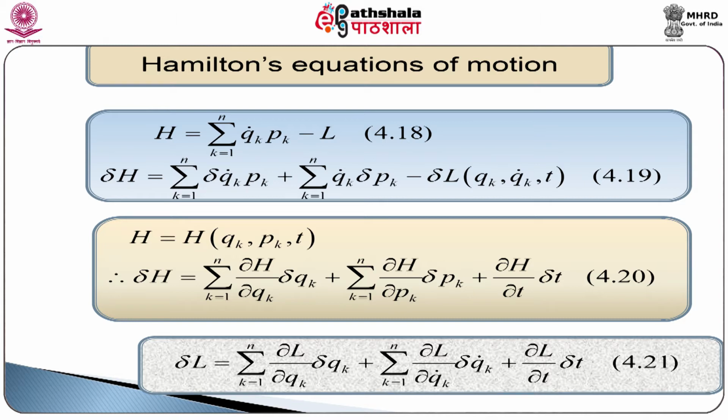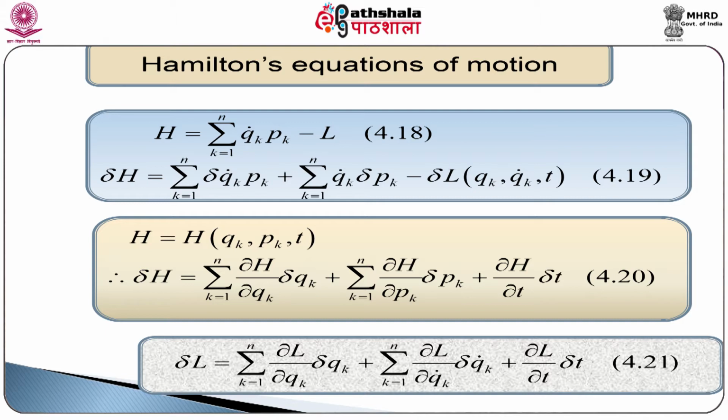Again, delta L is given by delta L equal to summation k equal to 1 to n del L del qk delta qk plus summation k equal to 1 to n del L del qk dot into delta qk dot plus del L del t into delta t.